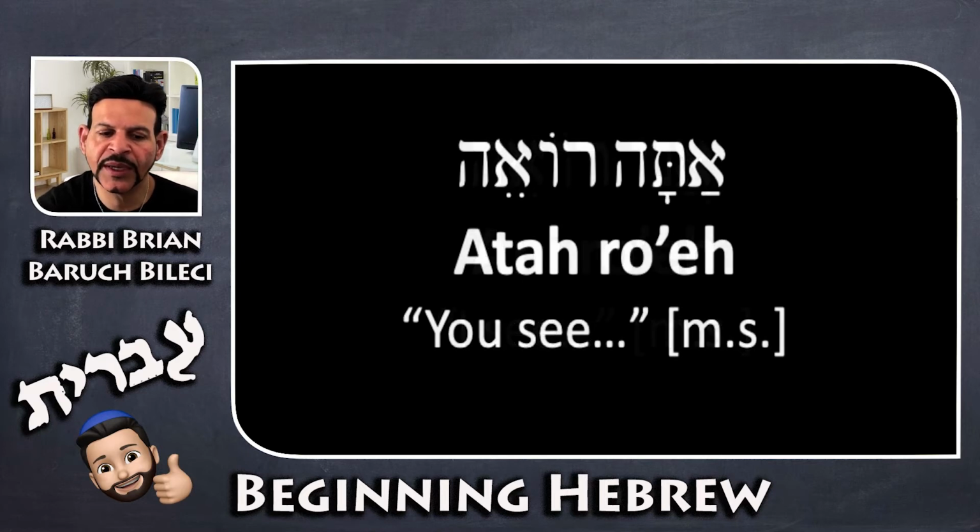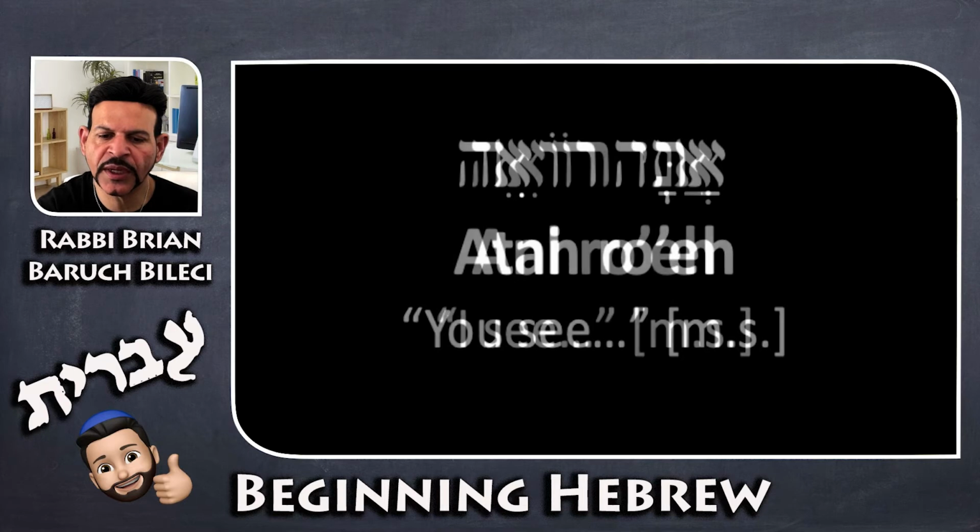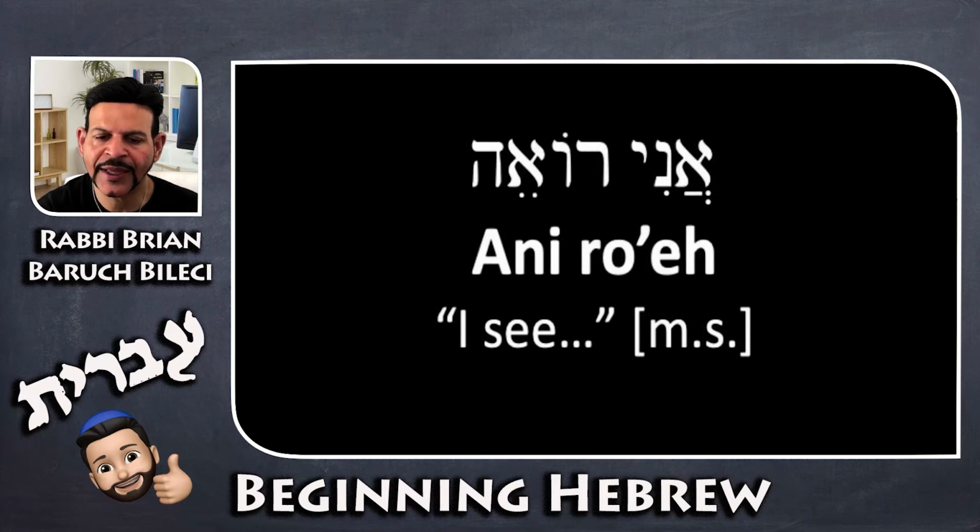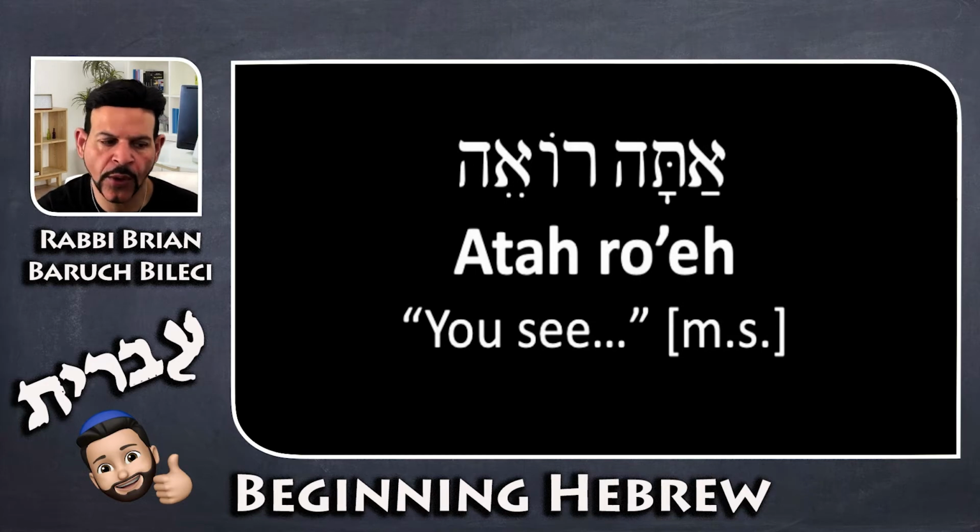It would then be ata ro'eh. Ata ro'eh. So you keep the conjugation the same for the verb root. Remember, the root is ra'ah. Present tense would be ro'eh. And I could say ani ro'eh as well as ata ro'eh. And that is the way the present tense form works.